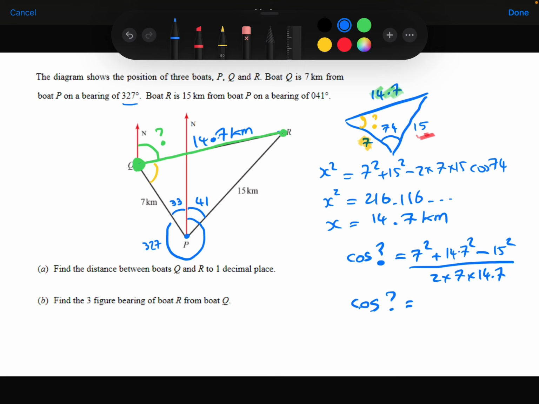So on my calculator then, that gives me 0.1949, cos inverse of that. So the angle there is 78.76.